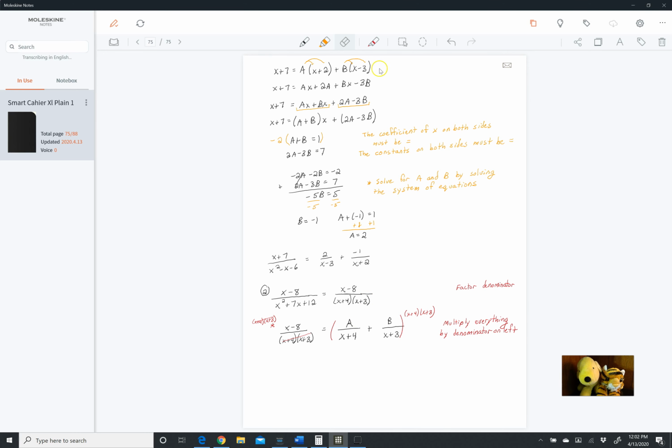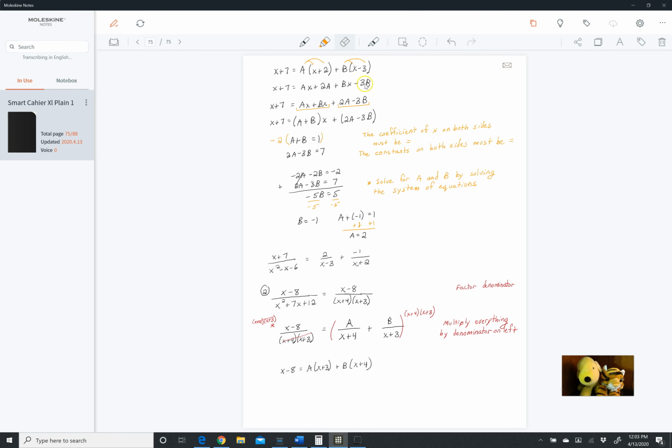So what are we left with then? We're left with x minus 8 is equal to a times (x plus 3), because the x plus 4 is going to cancel. And then plus b times (x plus 4), because the x plus 3 cancels, right? So if we put b times (x plus 4) times (x plus 3) over (x plus 3), the x plus 3 cancels. Okay.